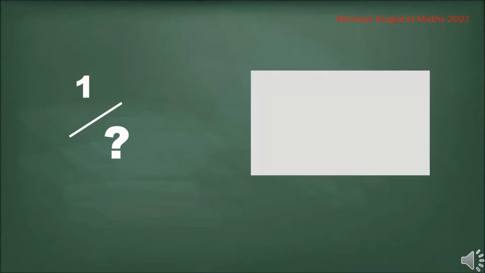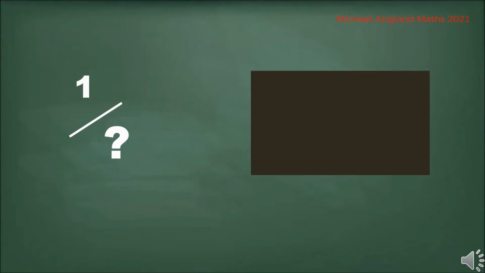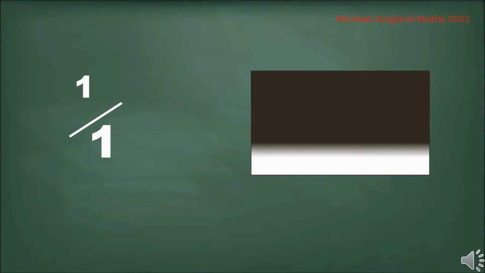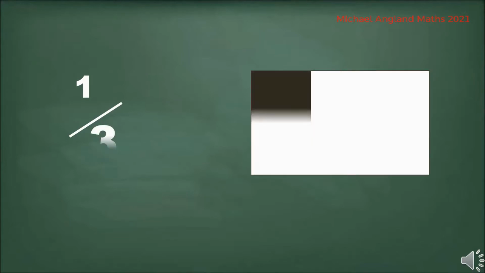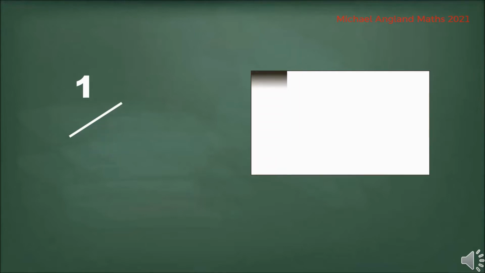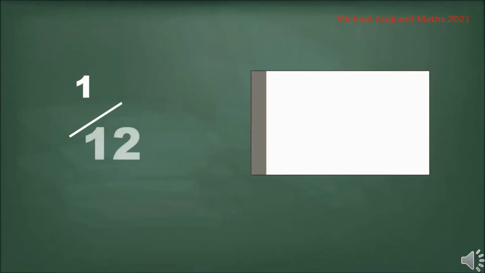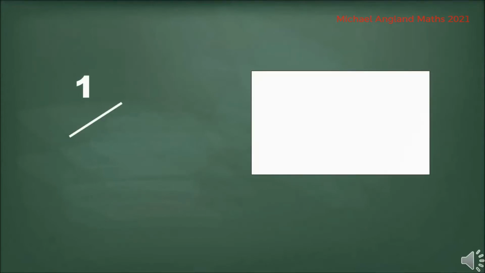So now, looking at the rectangle on the right-hand side, as we start this, we can see that we have the whole of the rectangle, half of the rectangle, third of the rectangle, quarter of the rectangle, a fifth of the rectangle, and the black strips get progressively thinner as the denominator gets bigger. Just to emphasize this point, we'll take large denominators now.